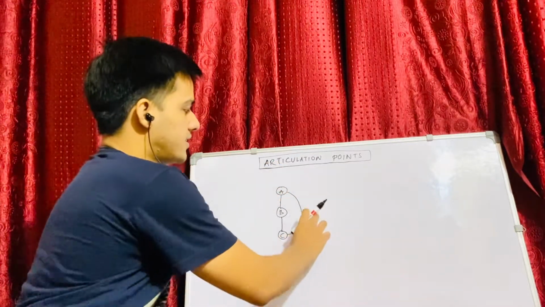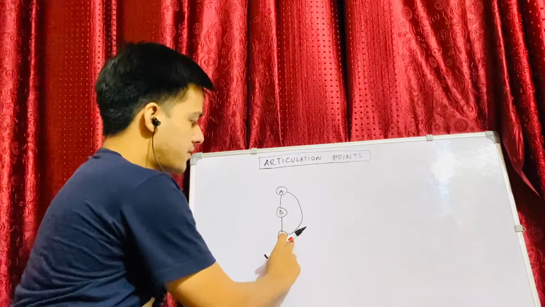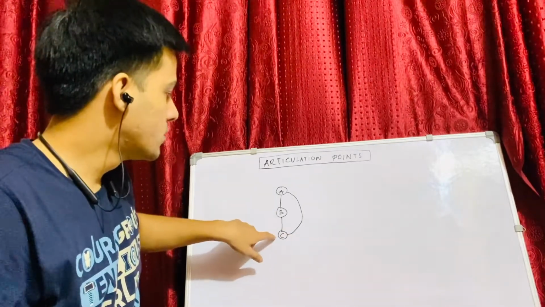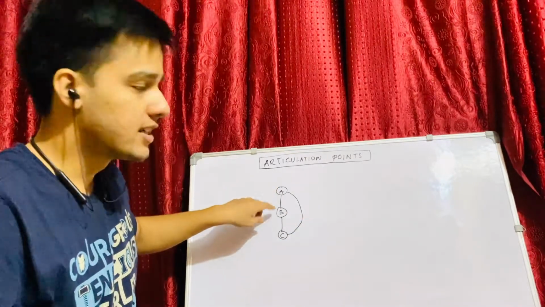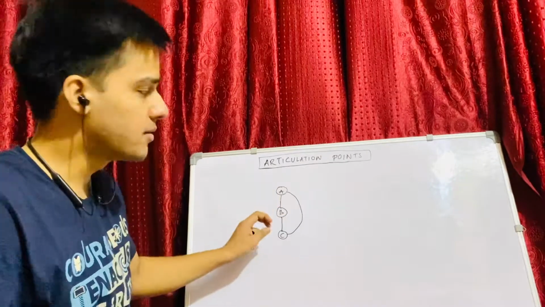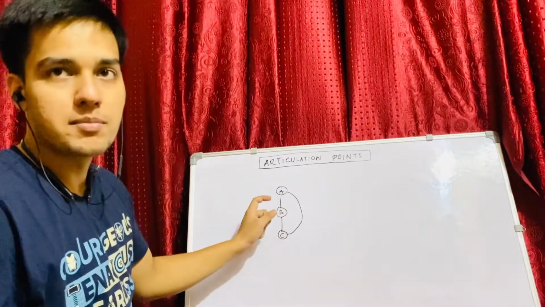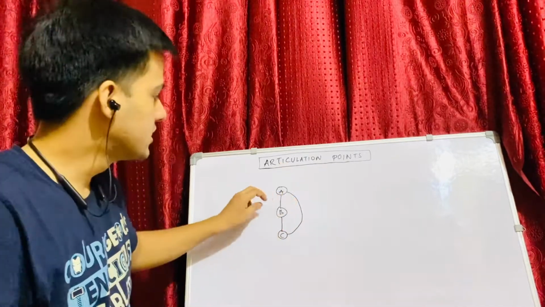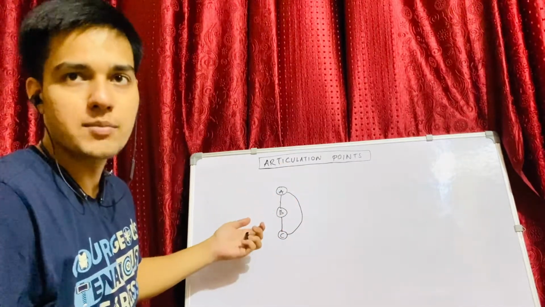If there is this edge which is connecting any of the children of node B to its ancestors, then definitely this is not going to make our graph disconnected, because there is a separate path from its children to its ancestors, right?